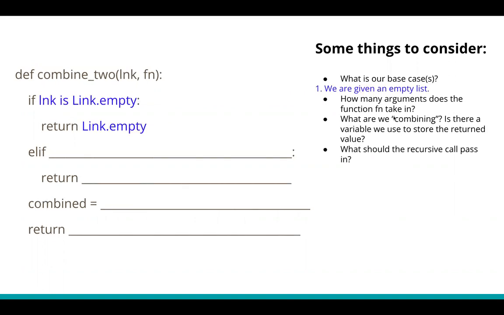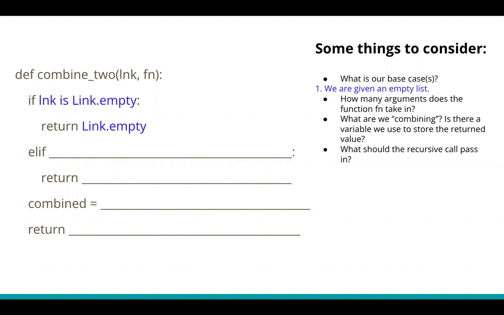So first of all, how many base cases do we have with this problem? 2, right? Because we have 2 different situations where either we have an odd number of items in the linked list or we have an even number. And we need to check that we either 1, still have 2 elements left to work with, or 2, we only have 1 element left to work with, in which case we cannot use the function.